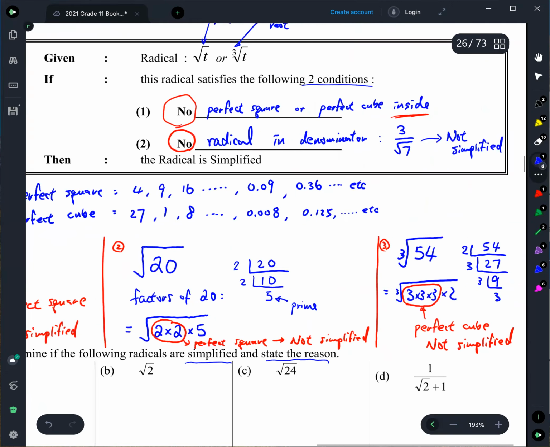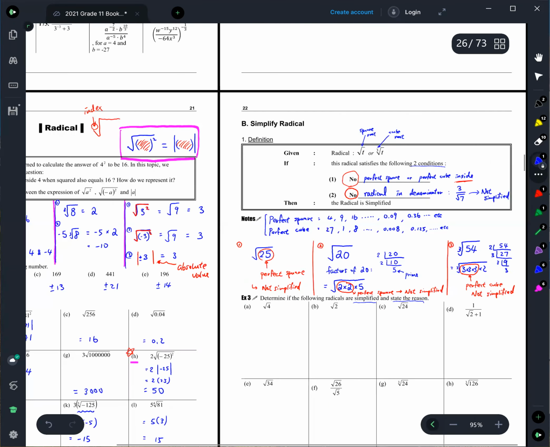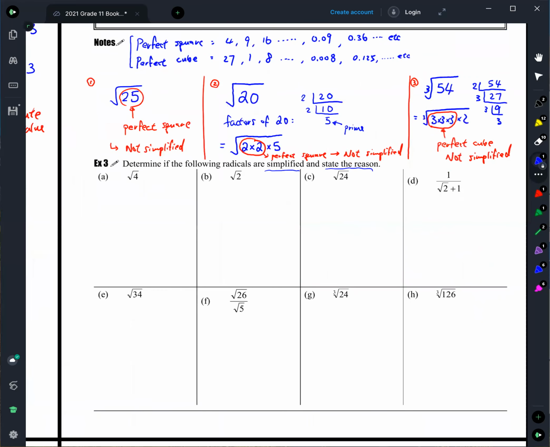And if it's this one, you can say the denominator has a radical. Those are the reasons. I'll let you check the following 8 questions. When you're done with these 8, please raise your hand. If it's yes, then you don't need to say any reason.